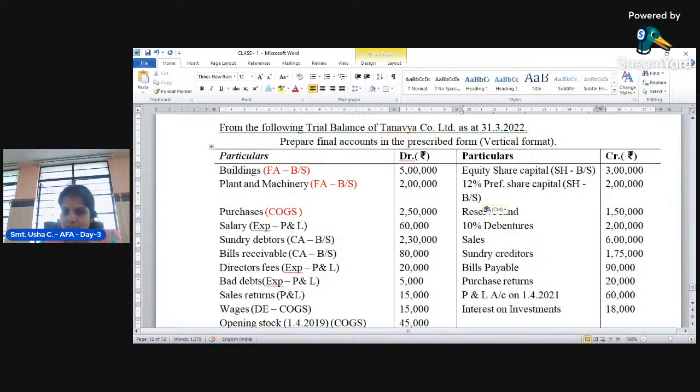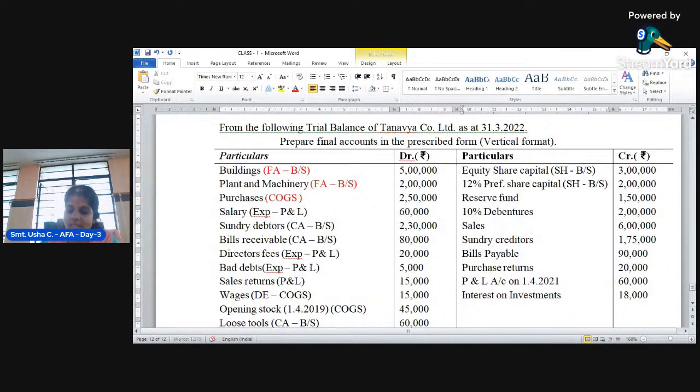Under the shareholders fund, it will be taken in the balance sheet. Reserve fund is also a shareholders fund. Next, 10% debenture. 10% debenture is a long-term liability and it will be taken under balance sheet.